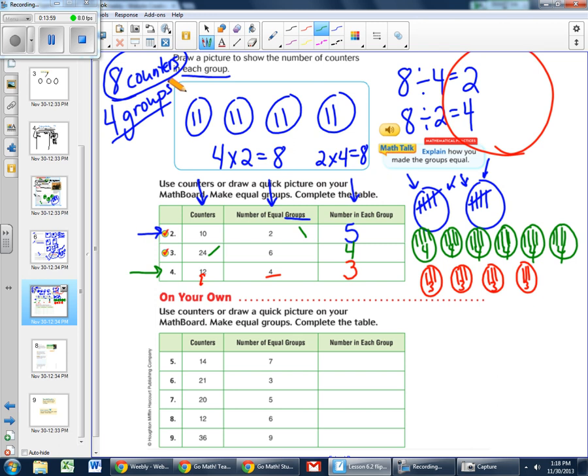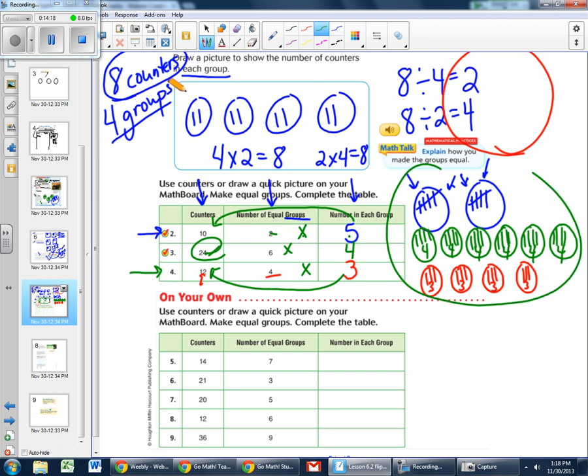I can do multiplication. 2 times 5 equals 10. 6 times 4 equals 24. 4 times 3 equals 12. I know that those are right now. Okay? I want you drawing these pictures for this lesson. That was one of their main focuses for this lesson, just so that we understand how the division process works.